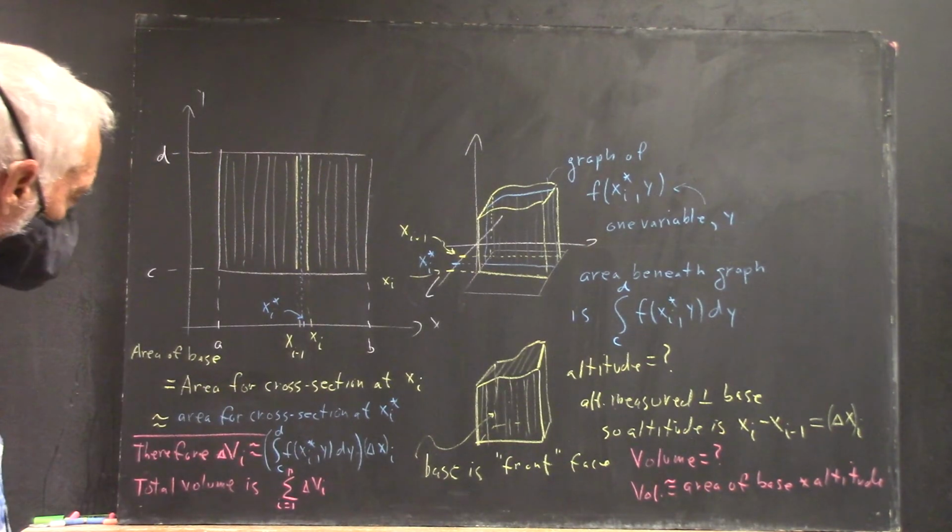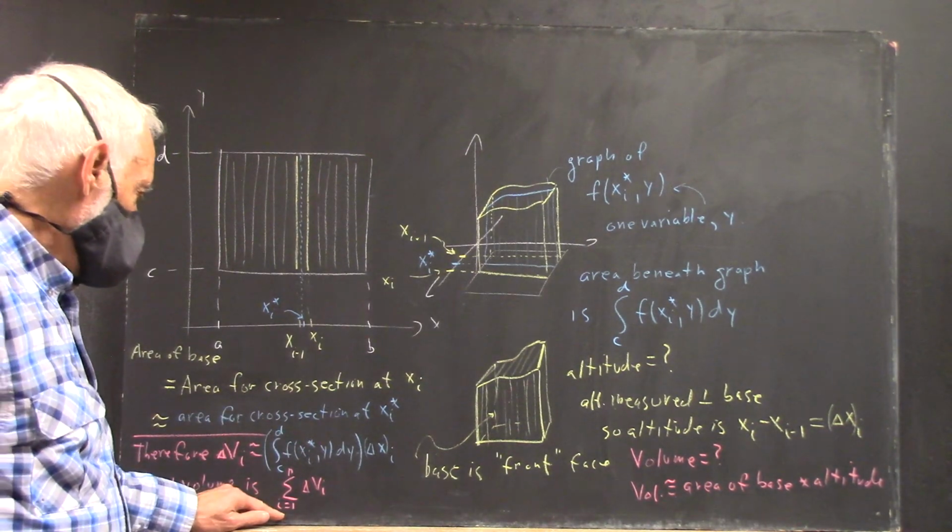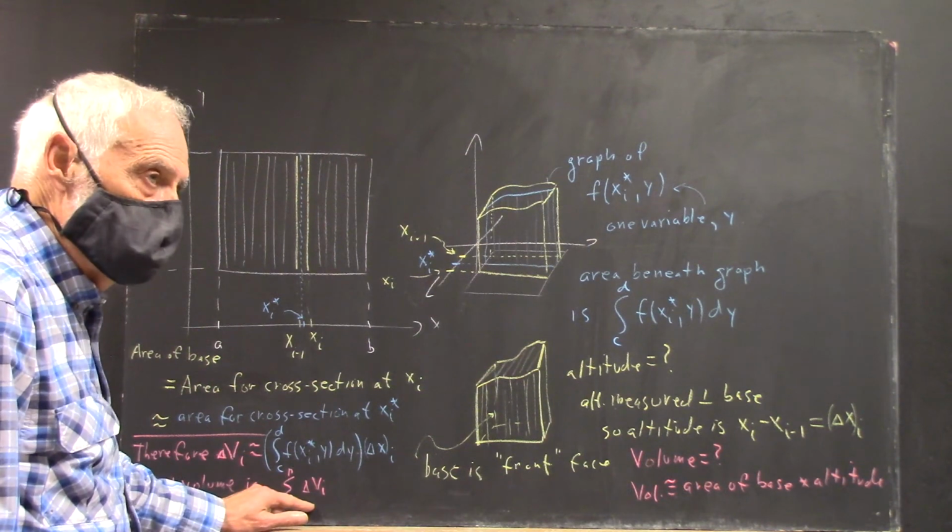Total volume, that is the sum from i equals 1 to n of delta V sub i.